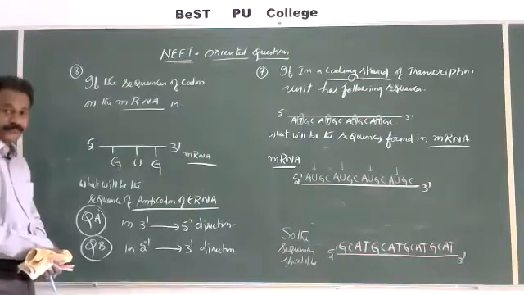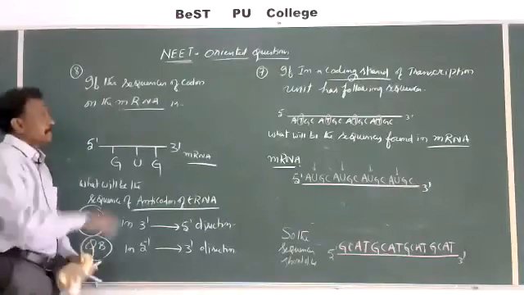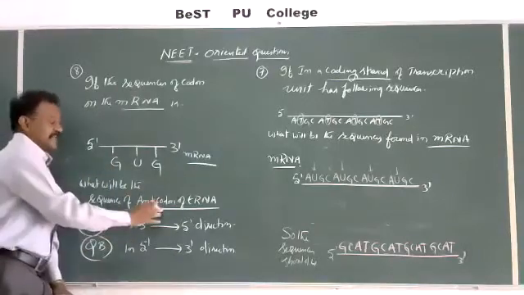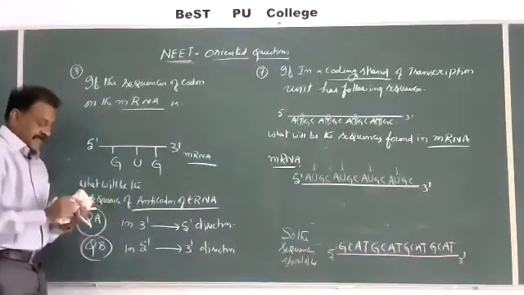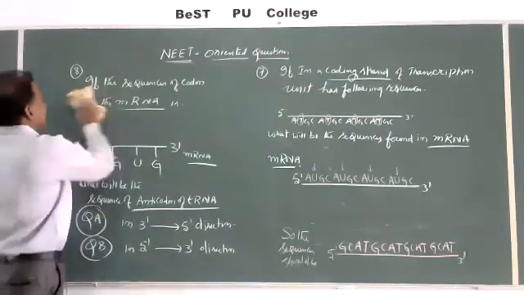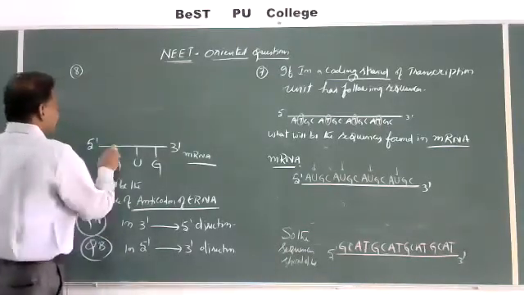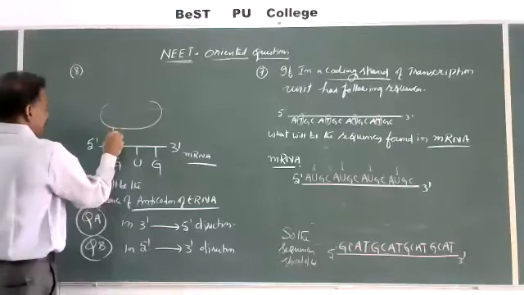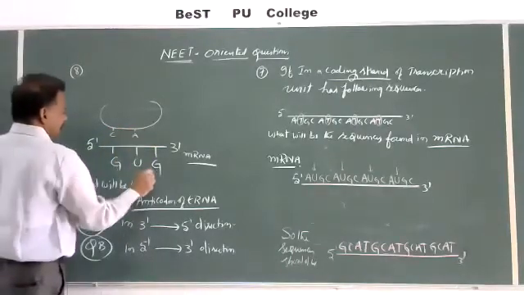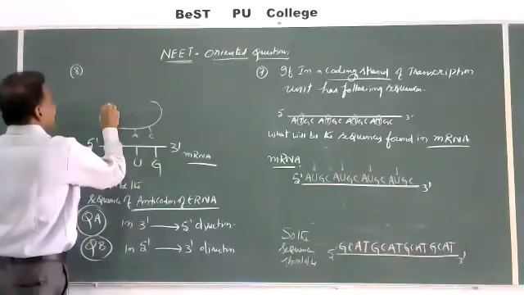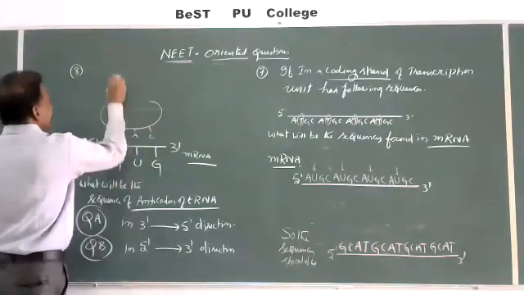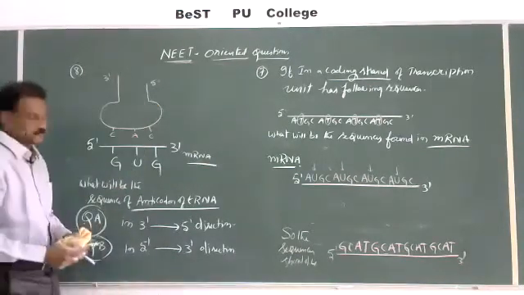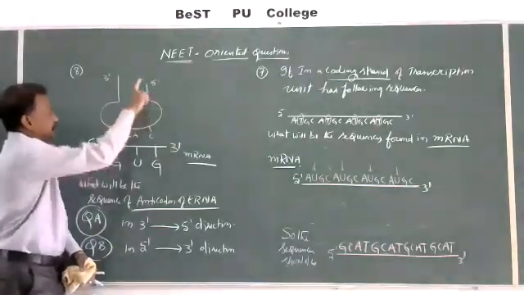Let us see this. If the sequence of codon on the mRNA is this, what will be the sequence of anticodon of tRNA? So tRNA anticodon we can draw like this here. For example, C, A, C, and this will be generally 3 prime, 5 prime, 5 prime to 3 prime, 3 prime to 5 prime.